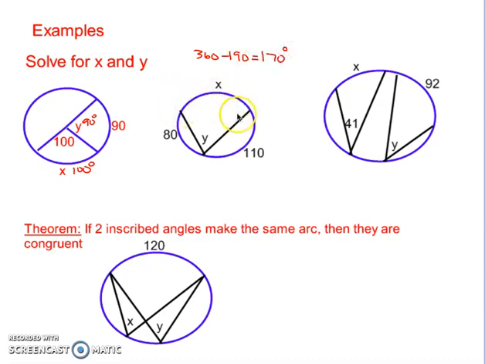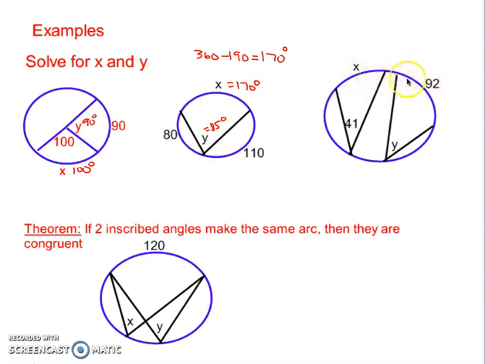So this arc right here has to be 170 degrees. And the inscribed angle across from that has to be half of that. So half of 170 is 85. So this y value would have to be 85.